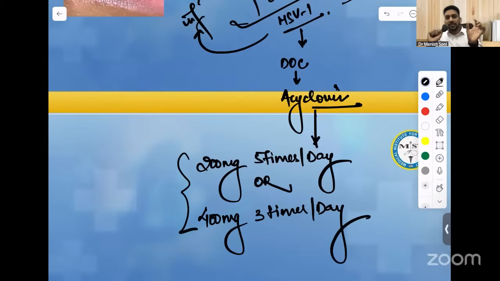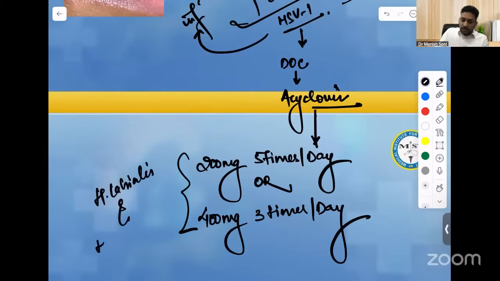But for zoster, it is 800 mg 5 times a day. But here it is 200 mg 5 times a day. If 5 times a day is not mentioned, then mark 400 mg 3 times a day. This is same for herpes labialis and herpes genitalis. So in genitalis also, we use the same dose.